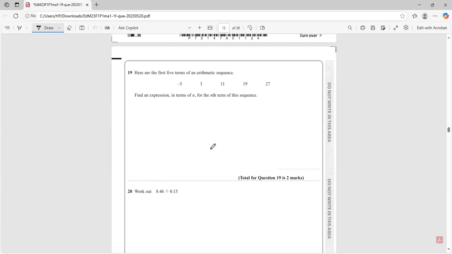The next one here says, here are 5 first terms in an arithmetic sequence. I like arithmetic sequences. They are very predictable. -5, 3, 11, 19, 27. So what's the question? It says, find an expression in terms of n for the nth term of this sequence. So first things first, what's the general formula for an arithmetic sequence?